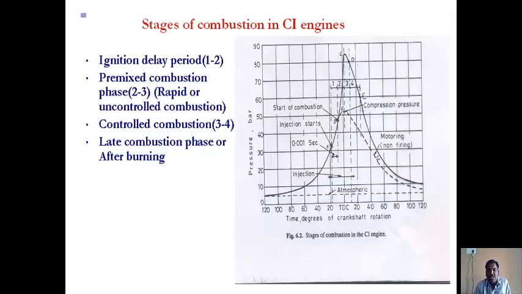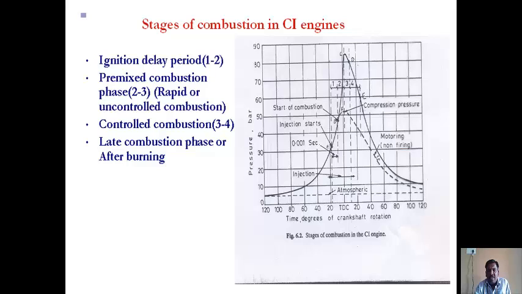We can locate these points 1, 2, 3, 4 based on 3 different conditions. First one is the starting of the diesel injection. In this diagram, the diesel injection starts around 18 to 20 degrees before TDC. The diesel is injected at very high pressure. So once the diesel is injected, it's point A. And point B is the starting of the combustion process. It's the deviation of the motoring curve or non-firing curve from the normal curve.